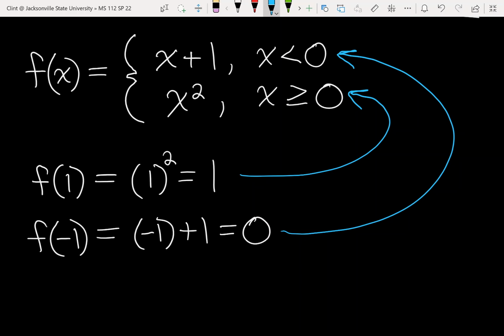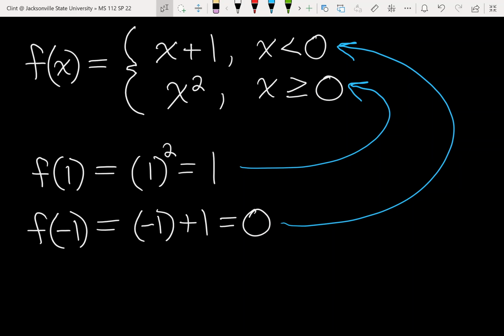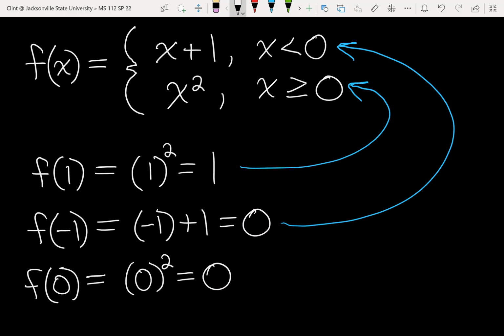And then the trickier case would be like, what if we want to find f of 0? Which rule do we use, top or bottom? We use the bottom, because the bottom says use that when x is bigger than or equal to 0. So we would use the bottom. So we would have 0 squared and get 0. So that one goes to the bottom again.